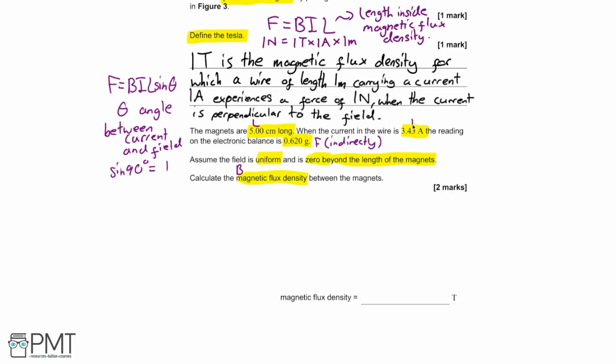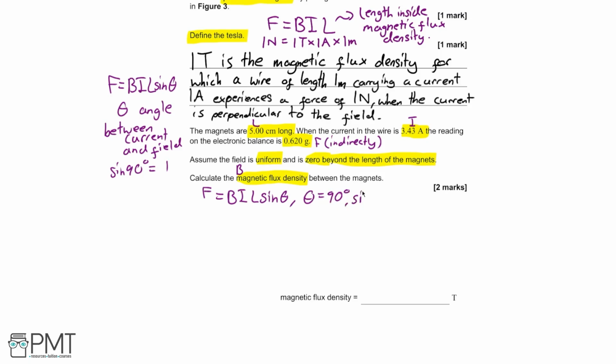We also know the current in the wire, like so. So then we can use the equation F, the force acting upon the wire, is equal to B times I times L times sine theta. We know that theta is 90 degrees because we know that the field and the current are perpendicular to each other.